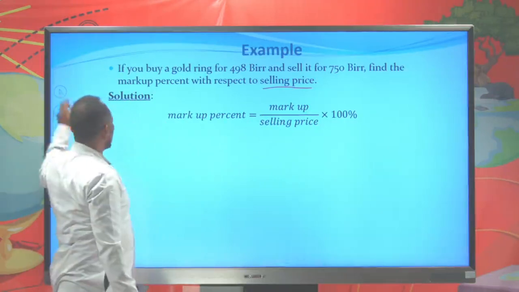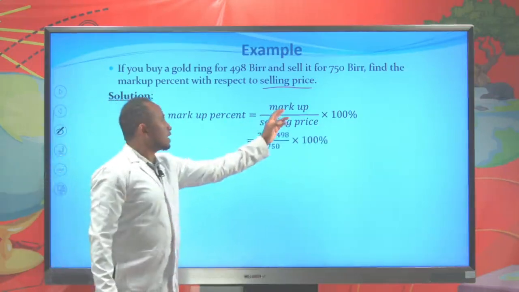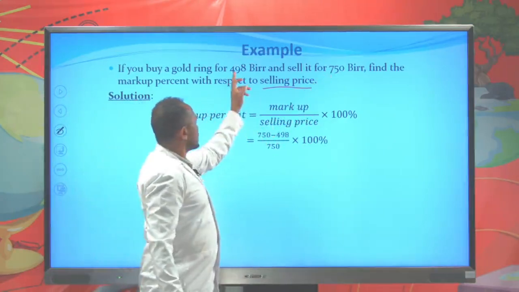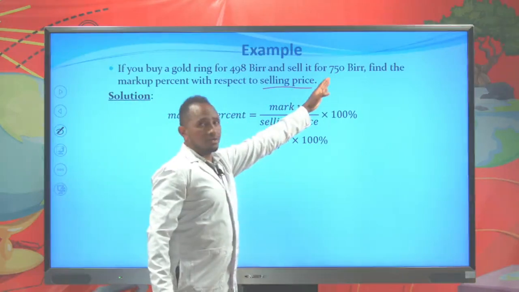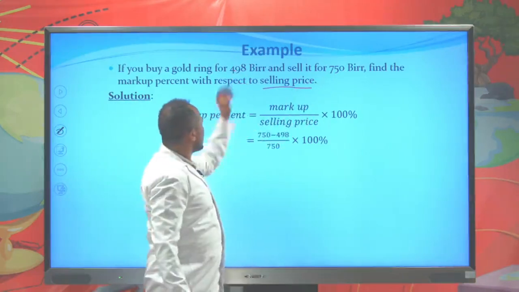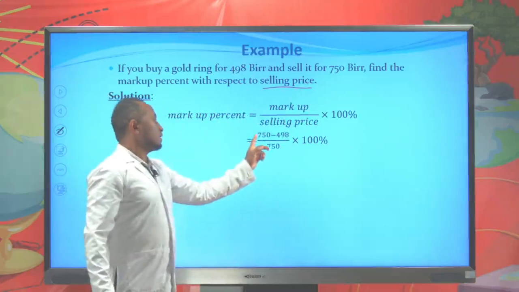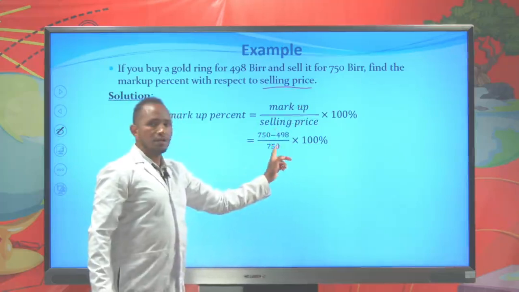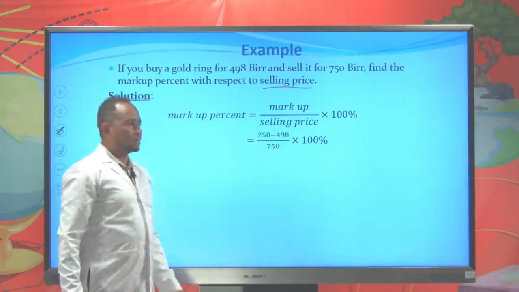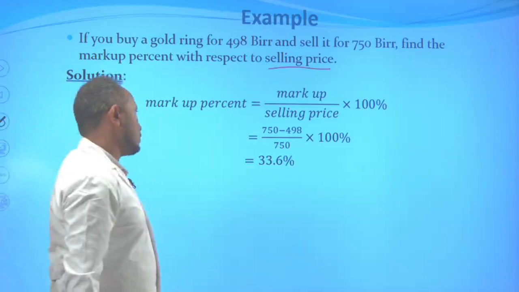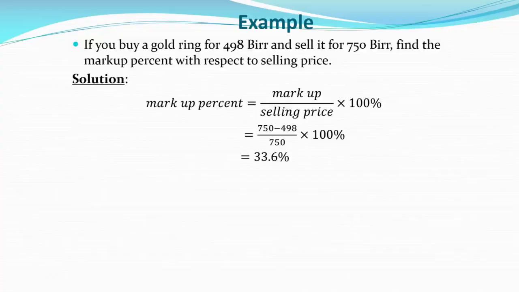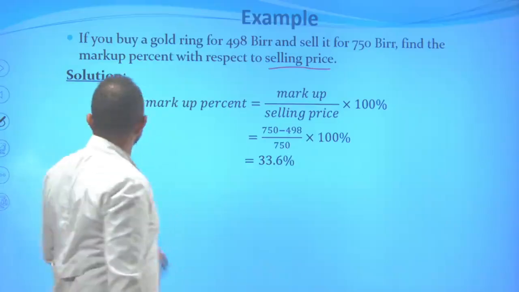Markup is the difference between selling price and cost price. The selling price is 750 and the cost is 498. So (750 minus 498) divided by the selling price, 750, times 100%, is equal to 33.6%. This is the markup percent with respect to selling price.